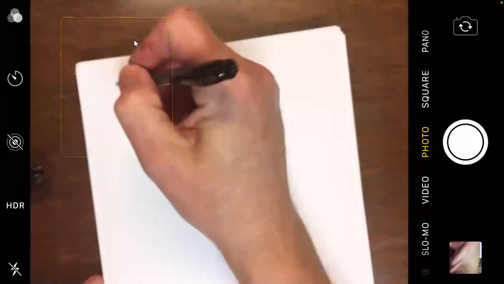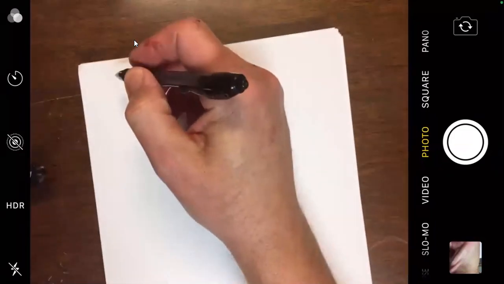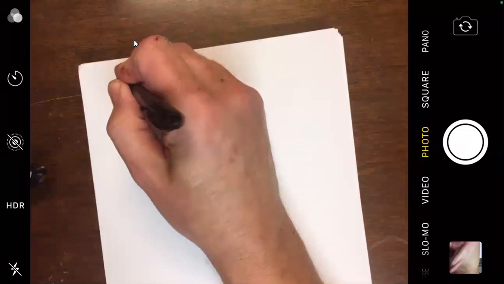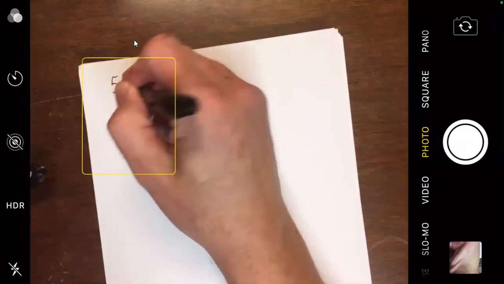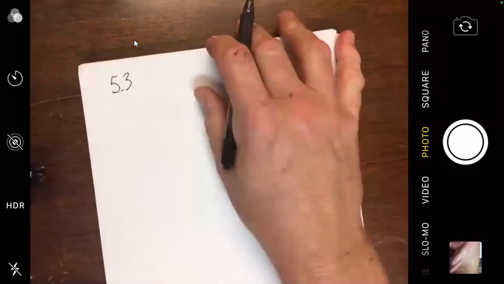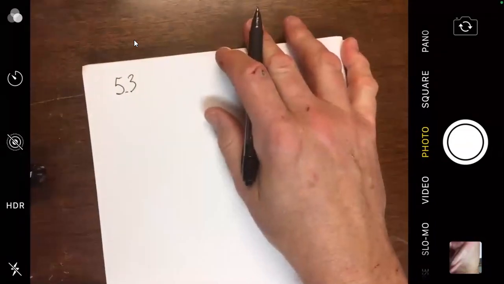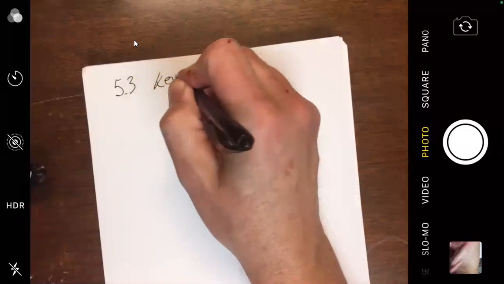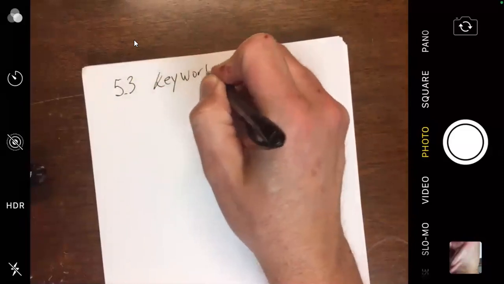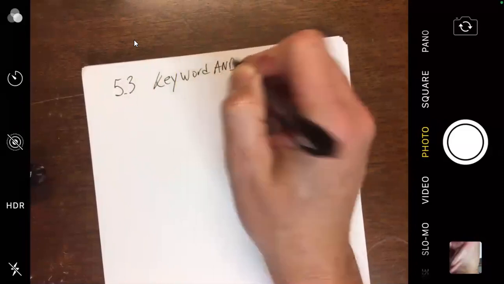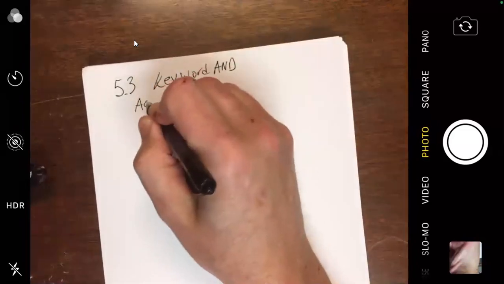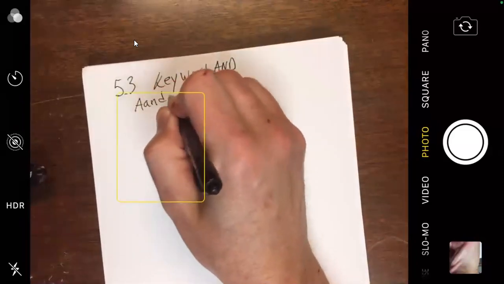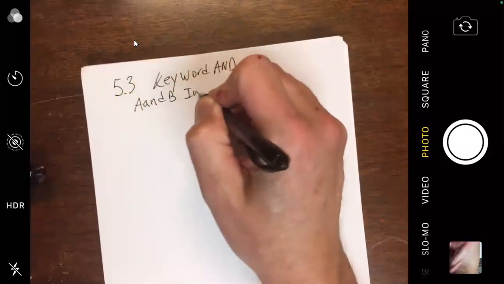5.4 is an extension of 5.3. Just to remind everybody of 5.3, we had the keyword "and," and we had A and B independent.